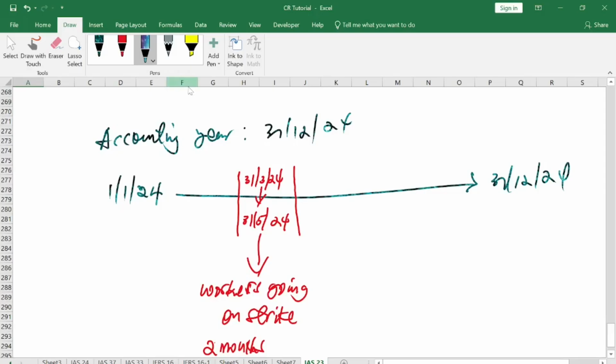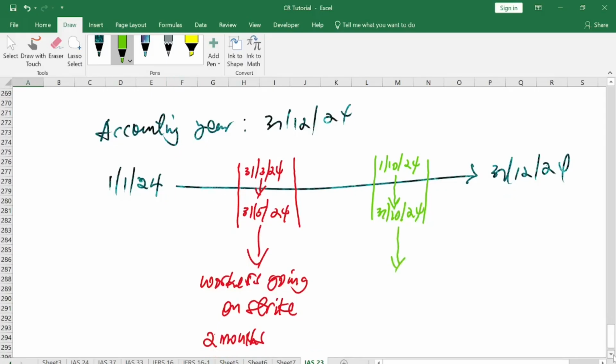So they also worked up to October. So 1st October 2024 to when? To 31st October 2024. What happened between this period?